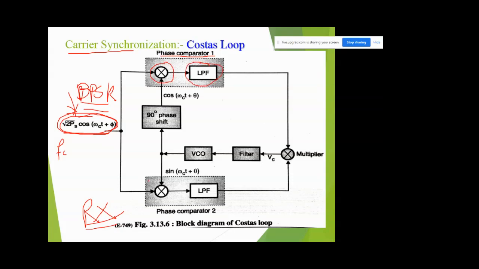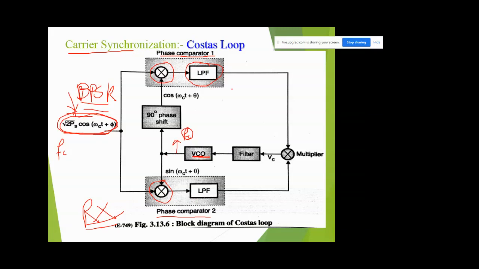Now the second input to these phase comparators is from the voltage controlled oscillator, which will generate a random carrier frequency. That random carrier frequency we connect through a 90-degree phase shift to phase comparator 1, and directly to phase comparator 2 below.